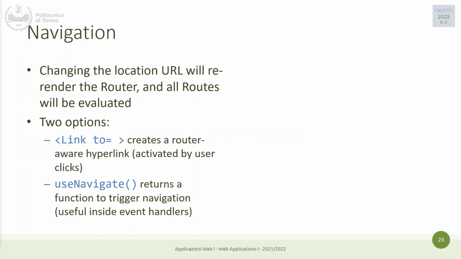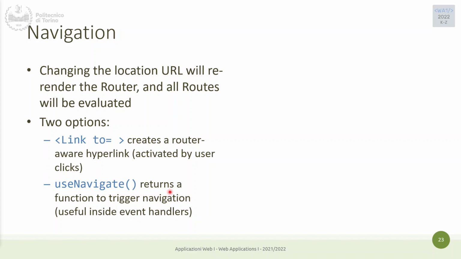Then we have the part related to navigation. The navigation gives us the possibility of changing the location URL, so forcing the application to go to a different page that will then be managed by the React app and by the router library.